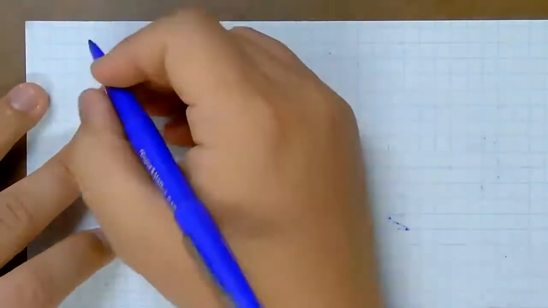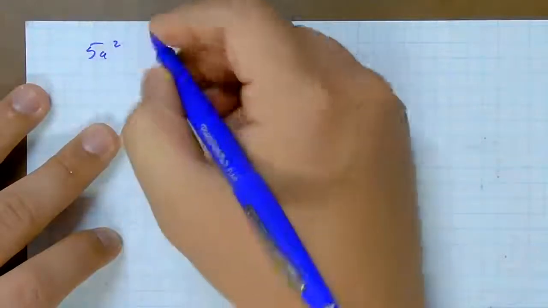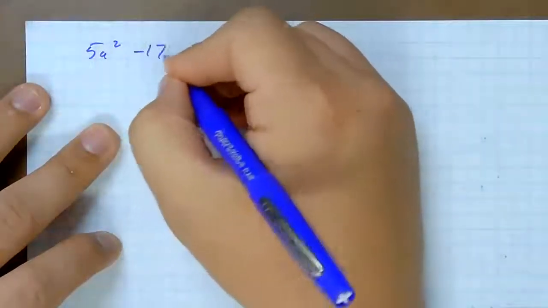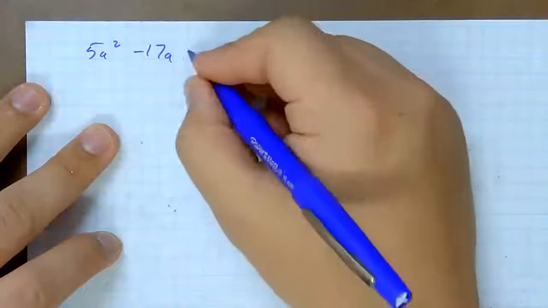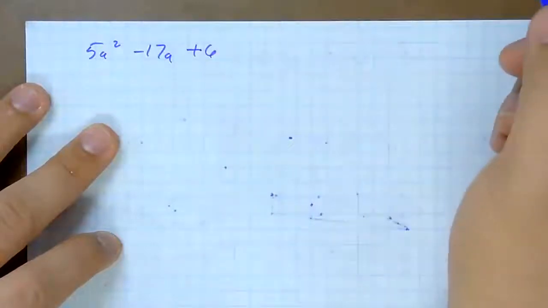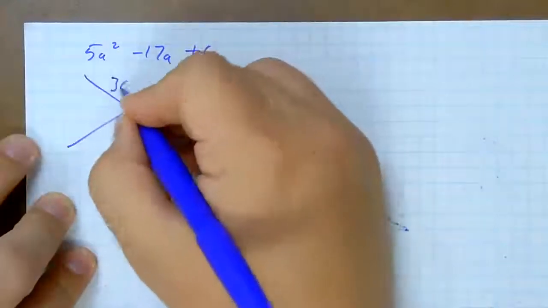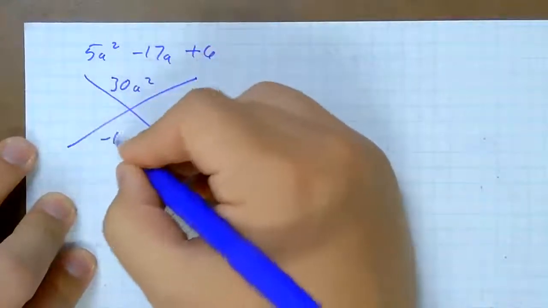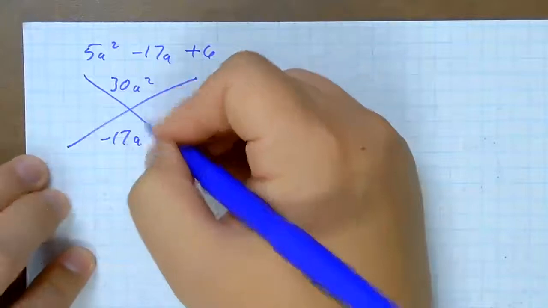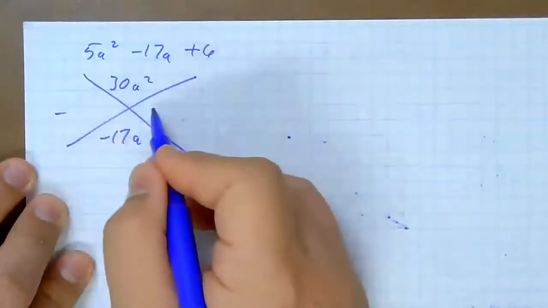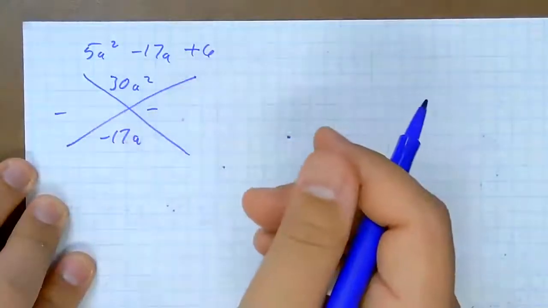We have 5a squared minus 17a plus 6, no GCF, set up our diamond, 30a squared, negative 17a. Top is positive, bottom is negative. That means both sides are going to be negative.